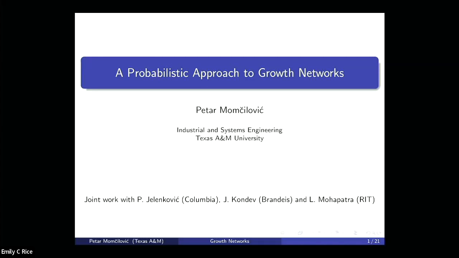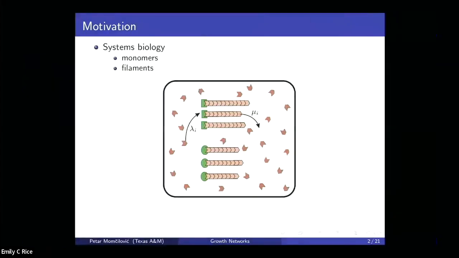All right, so I'll jump right in and describe the problem here. I encountered this problem from the systems biology angle. Think of this: there is a cell, and there are these molecules, I'll call them monomers, that are floating around, okay? And then they attach to structures that we'll call filaments.